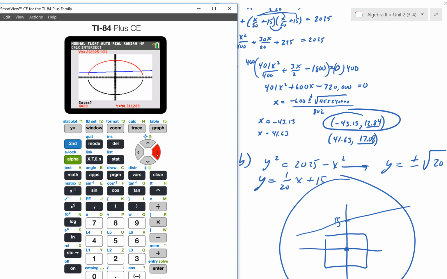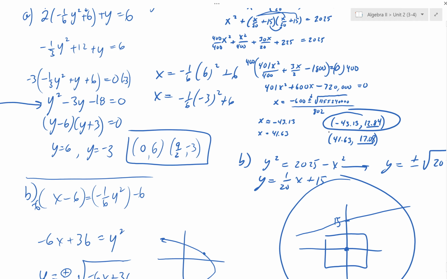And I don't have to get right on it. As long as I'm closer to that one than I am to the other one, it'll find it for me. And so it finds it at 41.63, 17.08, and that matches that solution as well.